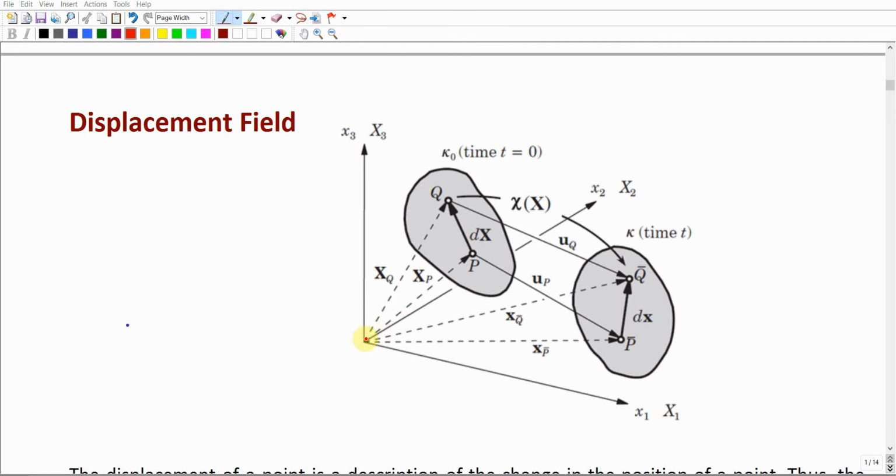This is a relative position of point Q with respect to P, moving from P to Q.